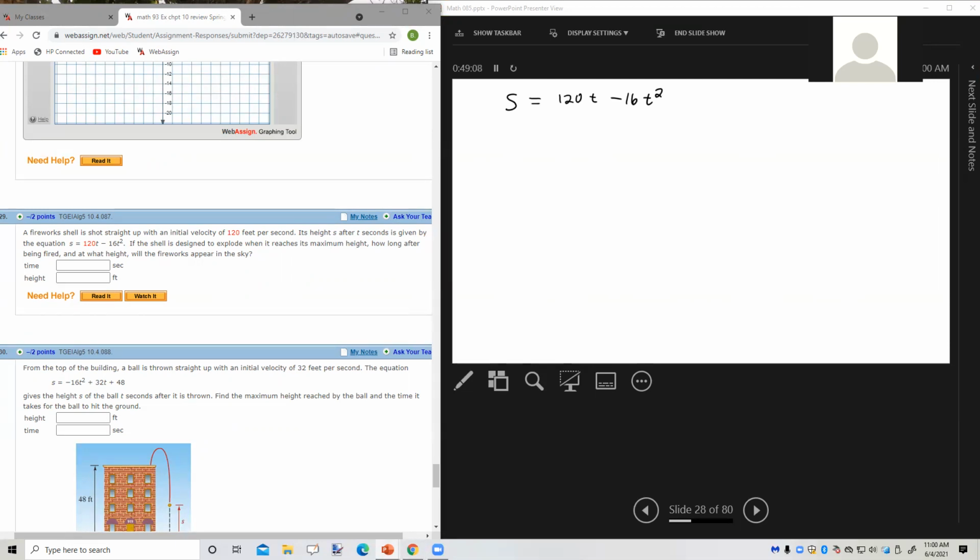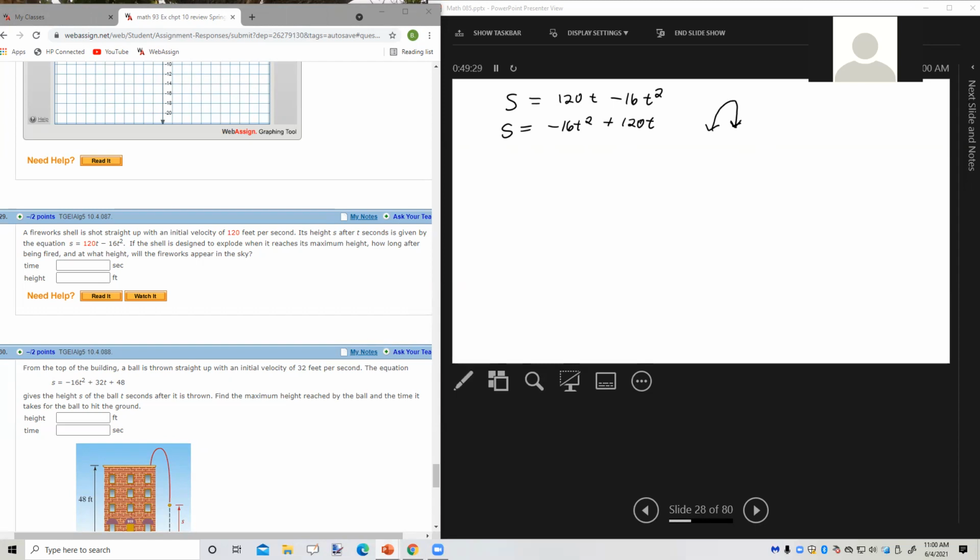All right, well, let's take a look at this quadratic equation that they've given us. First of all, I'm going to rearrange it and put it in standard form. That would be a parabola, and since a is negative, it would be a parabola opening downward. So that represents the path of the fireworks.